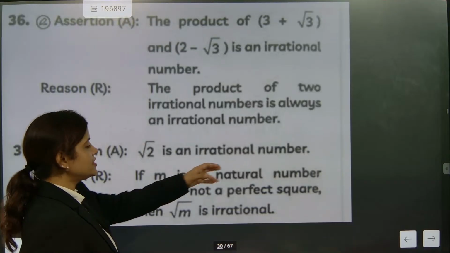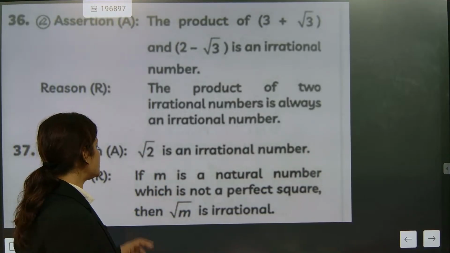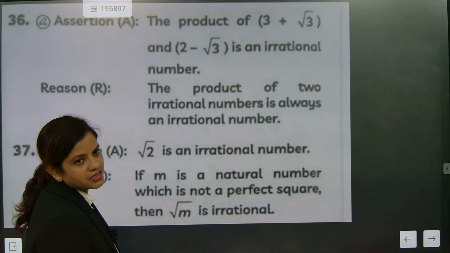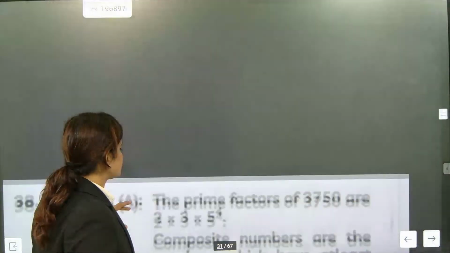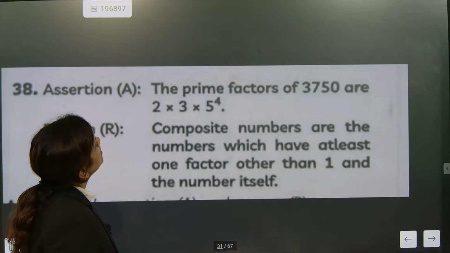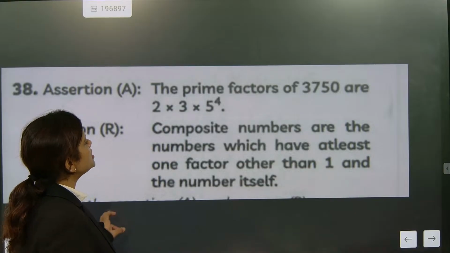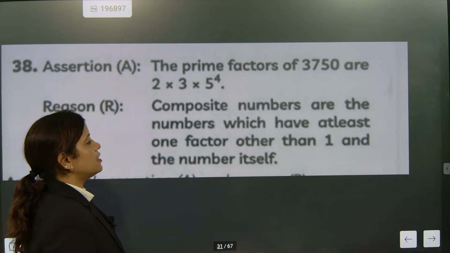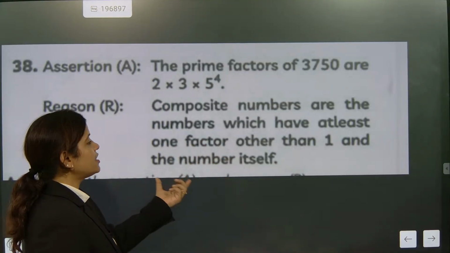Understood. So now root 2 is an irrational number, correct. If m is a natural number which is not a perfect square, then root under m is an irrational number. That is also correct. Got it? The prime factors of 3750 are... Composite numbers are the numbers which have at least one factor other than 1 and the number itself.